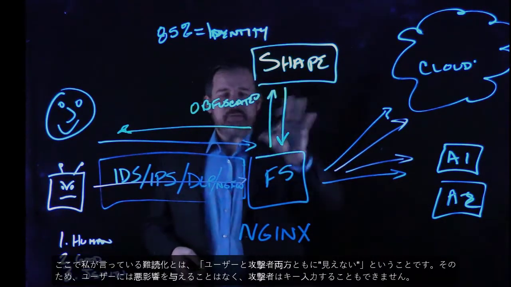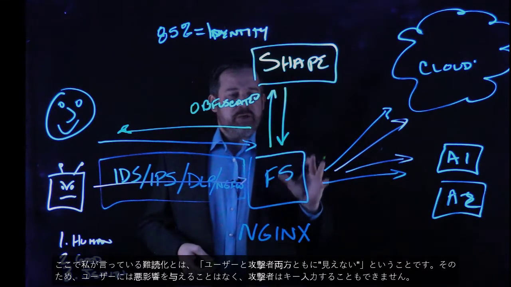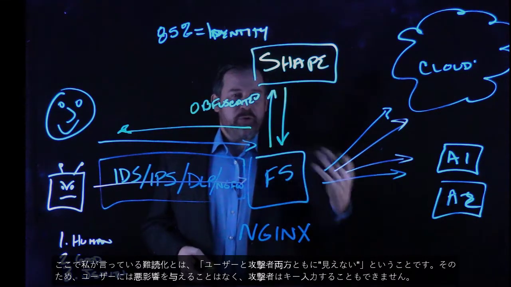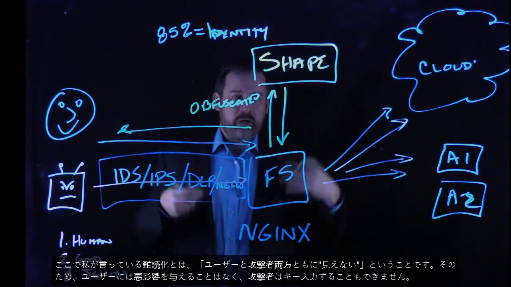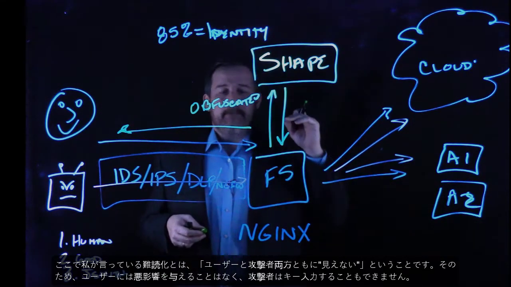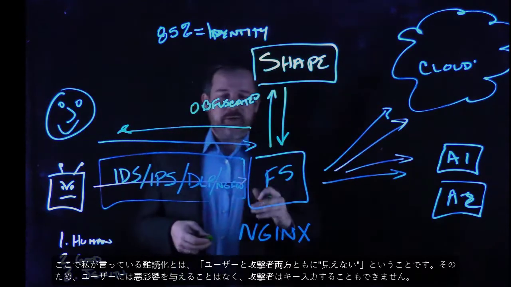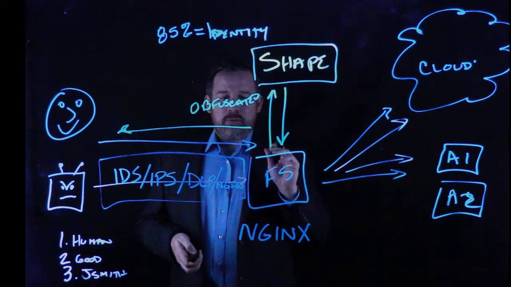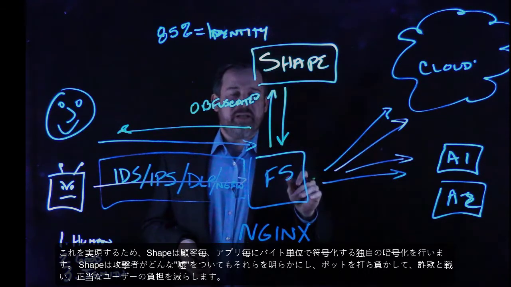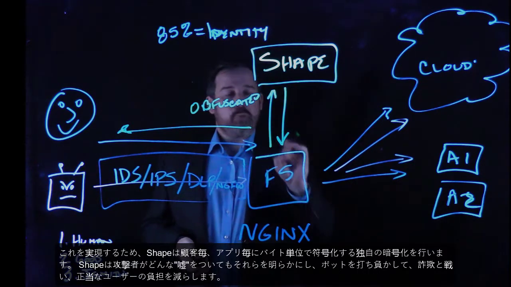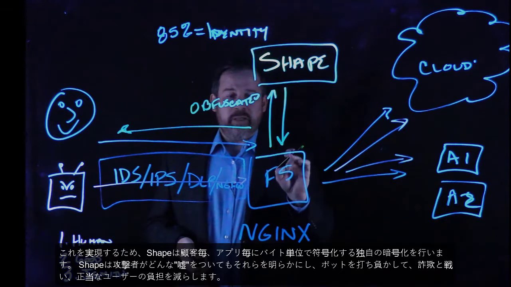Now, when I say obfuscated, what I'm referring to is it's unintelligible to both users and attackers. So that means there's no impact on your customers and your users, but there's also nothing for that attacker to key in on. To do this, Shape uses proprietary encryption that is per customer, per app, byte-level encoding.